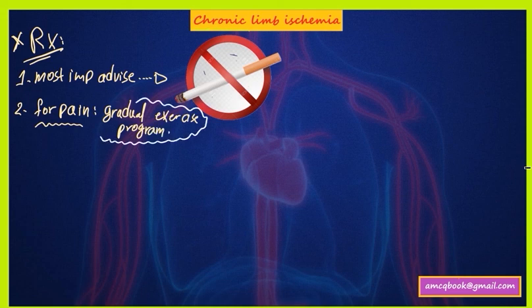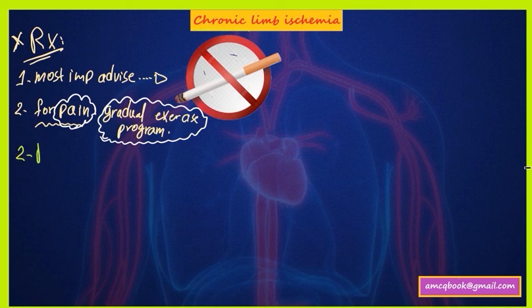This gradual exercise program will increase the collaterals over this area, leading to an increase in blood supply to the area and decreasing the pain. So the most important advice overall is stop smoking, and the most important treatment in case of pain is a gradual exercise program.